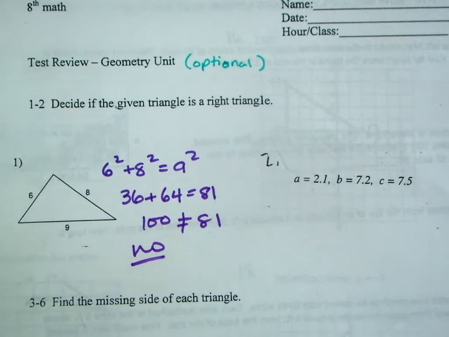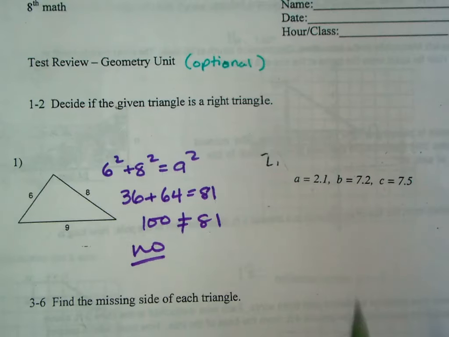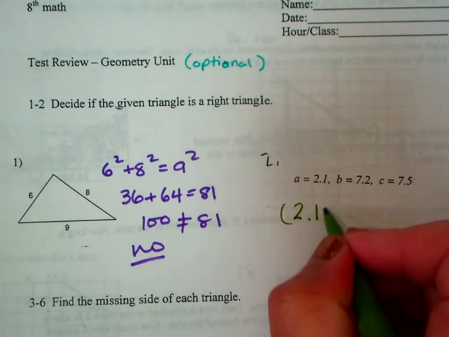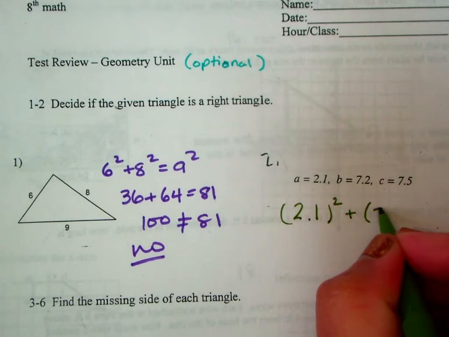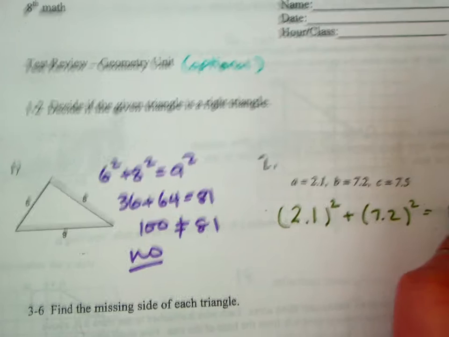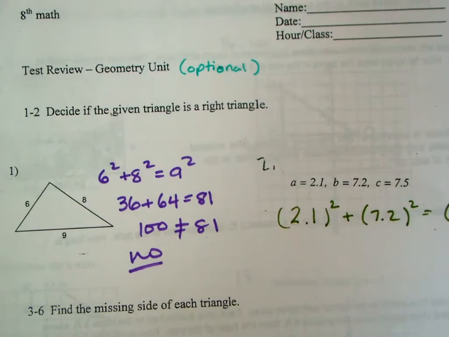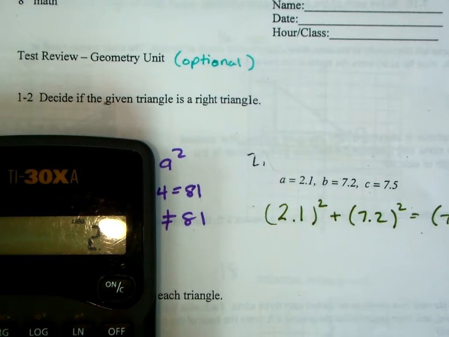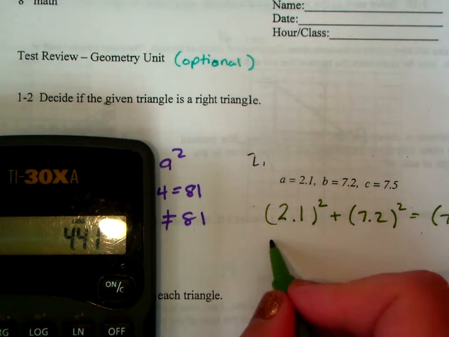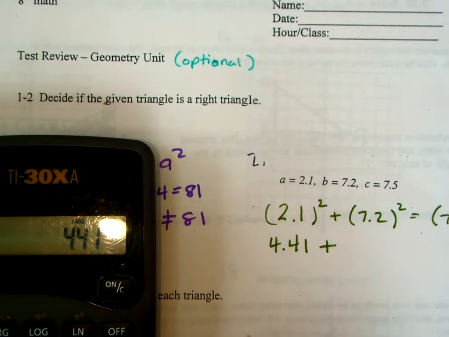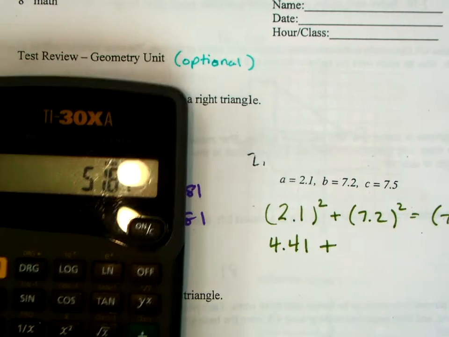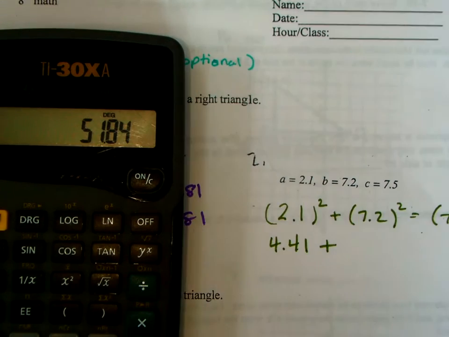Okay, now we're going to do the same thing with these 3 numbers. This time they're not in triangle form, but we're going to check: is 2.1 squared plus 7.2 squared equal to 7.5 squared? And I'm going to grab my calculator to do the squaring of these things. So 2.1 squared is 4.41. 7.2 squared is 51.84.